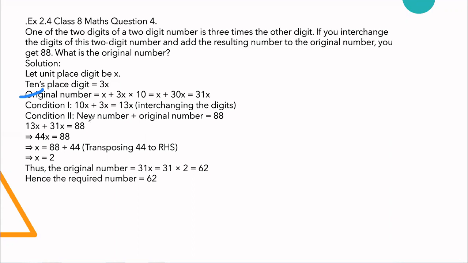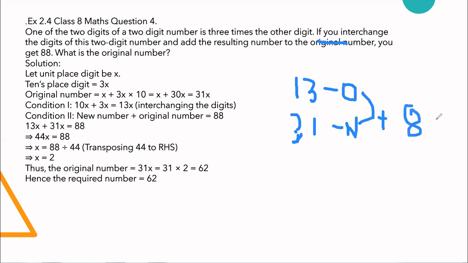All right. Now, let us apply the conditions. What are the conditions? If we interchange the digits, so we have to interchange the digits. Like 13 is there, we'll just interchange them to 31. So, according to the question, the original number and the new number, if we add them, what do you get? 88.